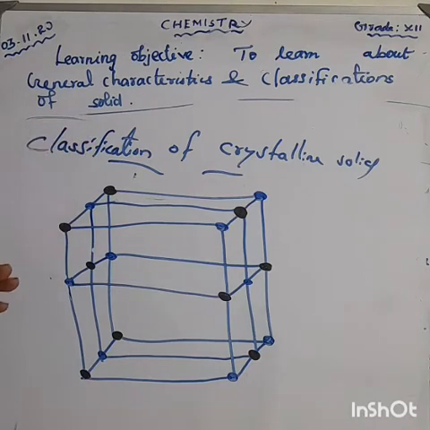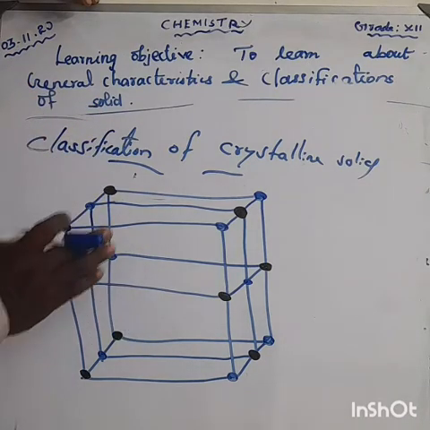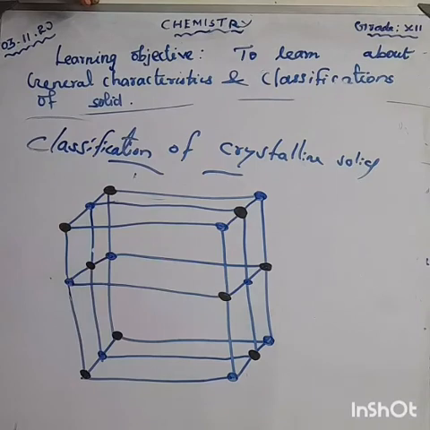What about ionic solids? The structural units of ionic crystals are cation and anion. They are bound together by a strong electrostatic force of attraction.